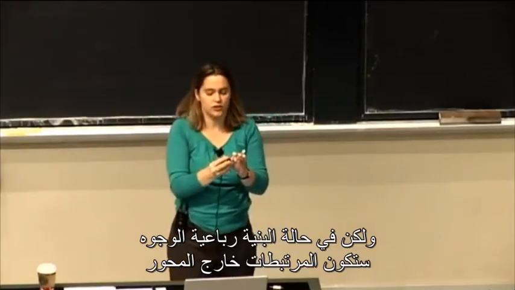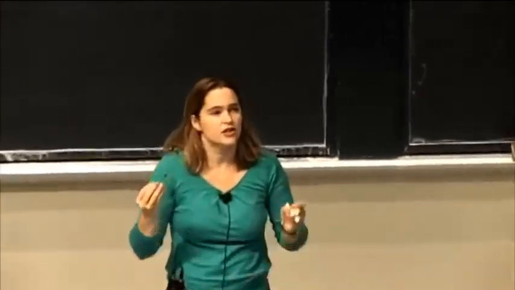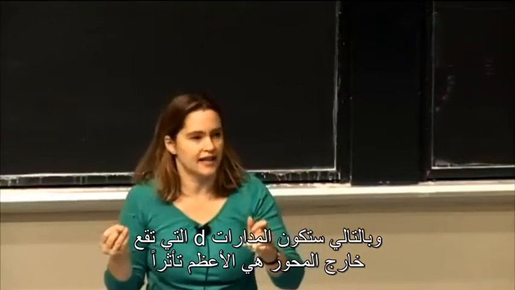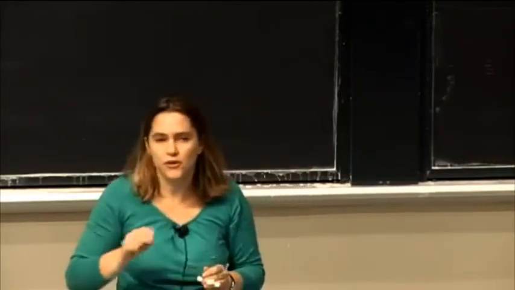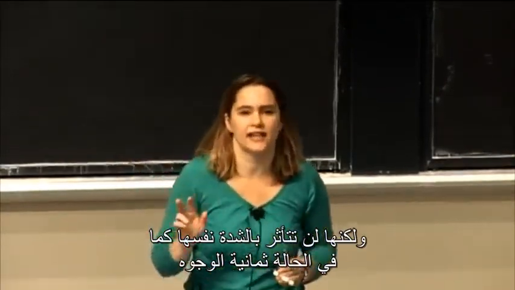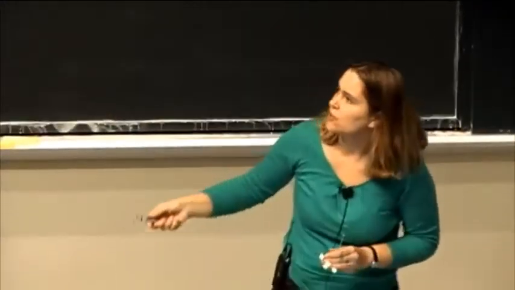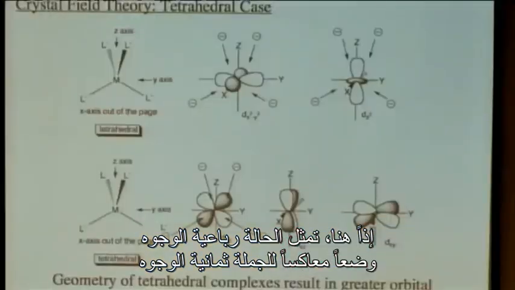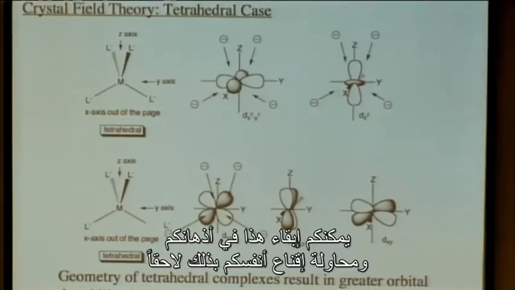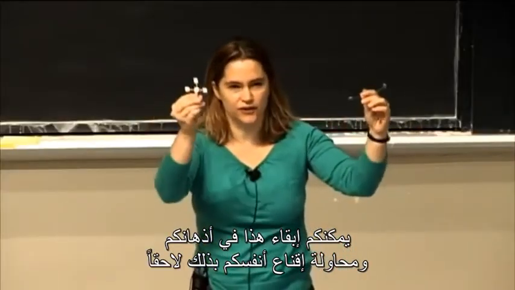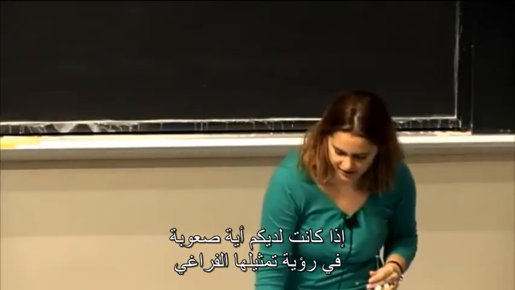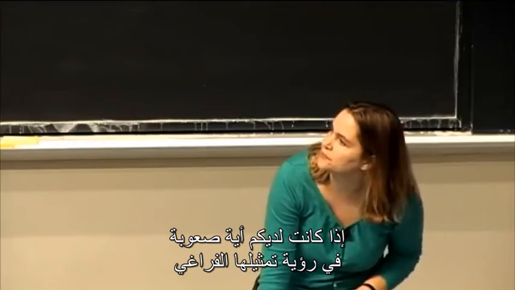But with tetrahedral, the ligands are off axis, so the d orbitals that are also off axis are going to be the most affected. But they're not going to be as dramatically affected, so the splitting is actually smaller in this case. So with tetrahedral, you have the opposite of the octahedral system. And you can keep these and try to convince yourself of that later if you have trouble visualizing it.